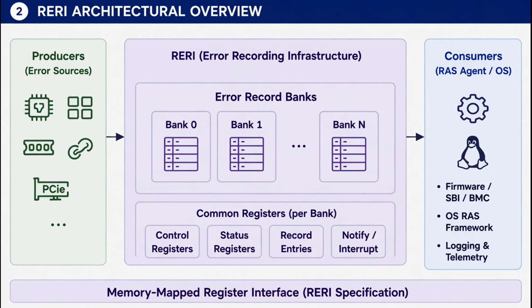The single most important aspect is shown at the bottom. Memory mapped register interface. RERI isn't a new bus. It isn't a new instruction. It isn't a new exception class. It's just registers at well-known offsets in physical address space. That's what makes it portable across every kind of RISC-V system, from embedded microcontrollers to server SoCs.